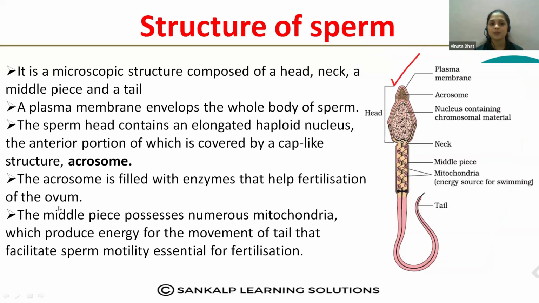In the sperm we can observe the main structures: this is the head region, this is the neck, this is the middle piece, and this is the tail region. You can observe these 4 parts of the sperm under the microscope.